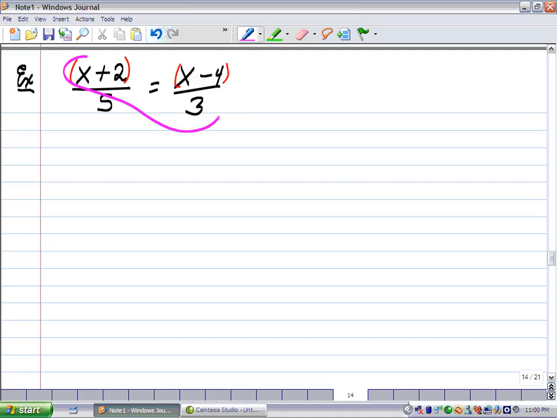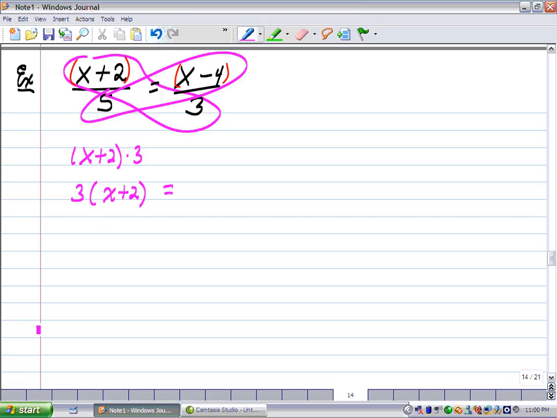And now when I cross multiply, remember multiplication is commutative. You can multiply in either direction. So x plus 2 times 3 is the same as 3 times x plus 2. And this side will have 5 times x minus 4.